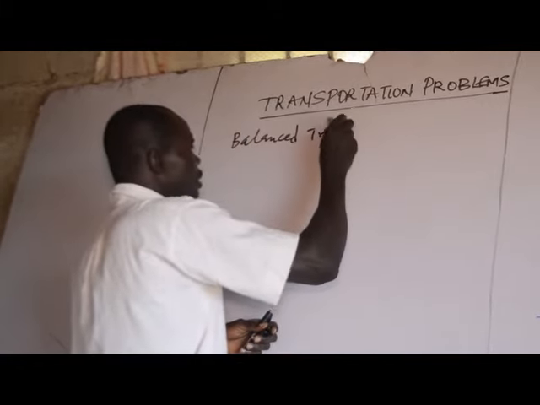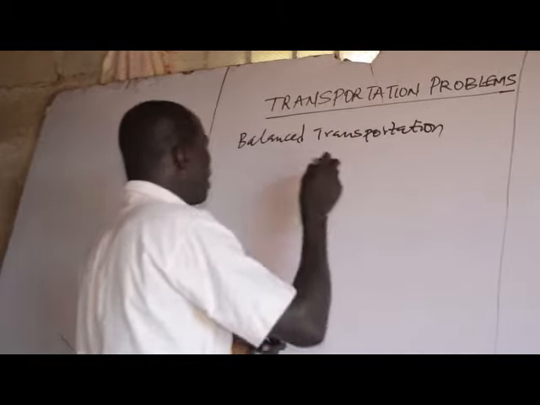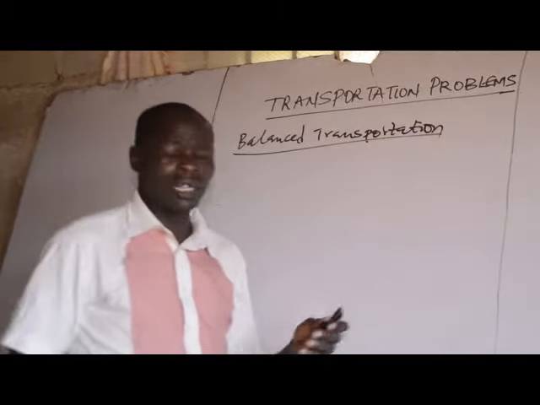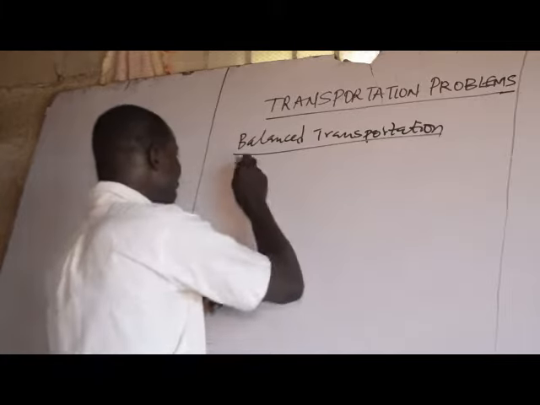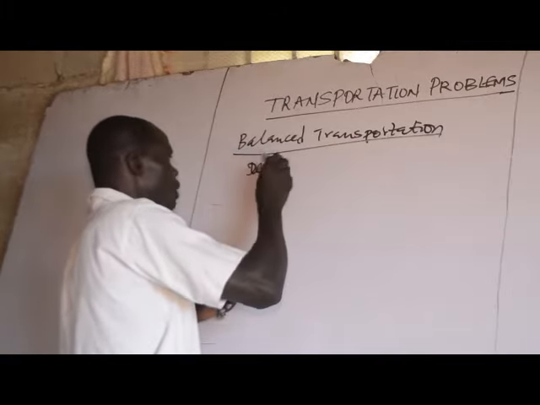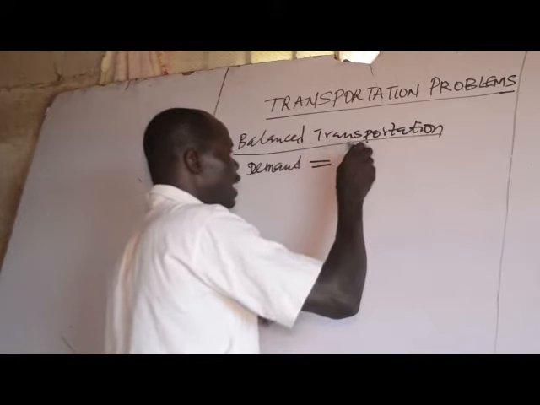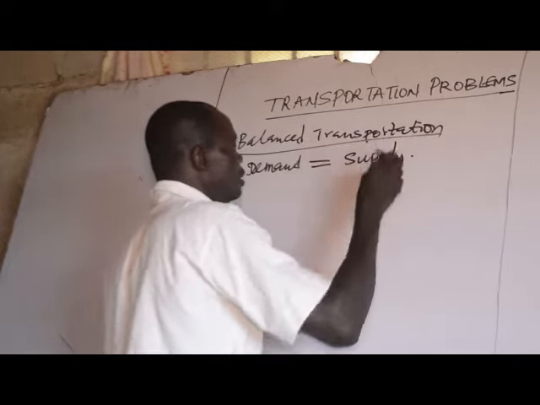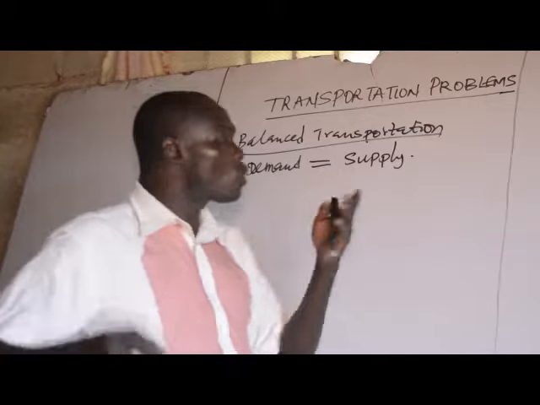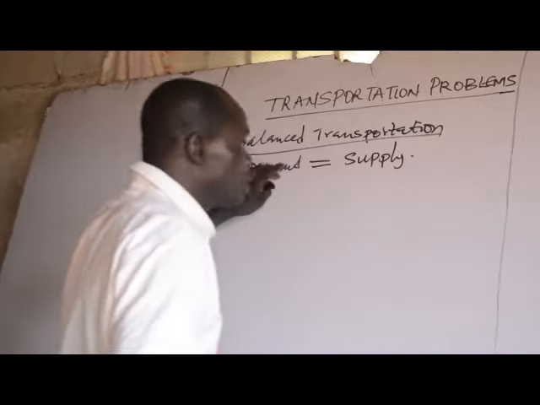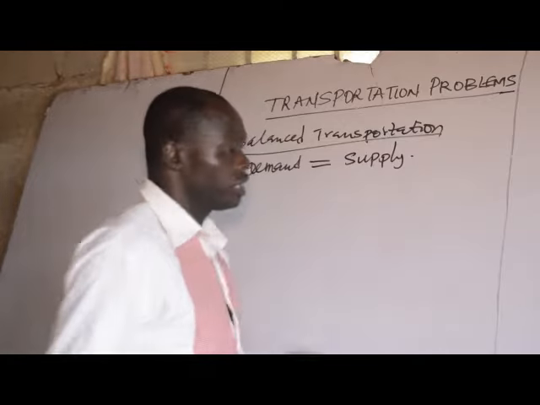A transportation problem is said to be balanced where the demand equals the supply. That is, the total quantity demanded by the destinations equals the total available at the origins.